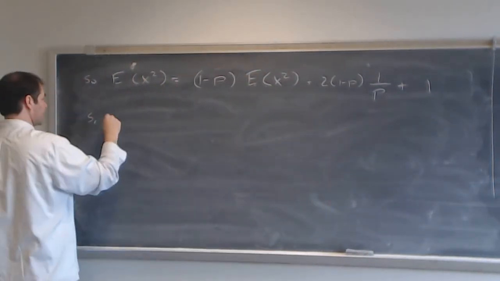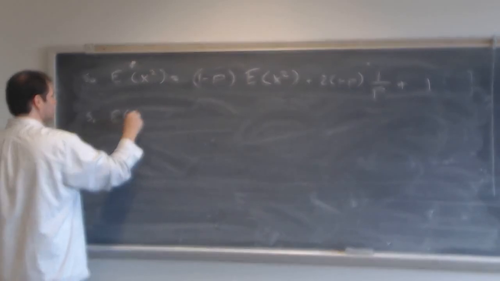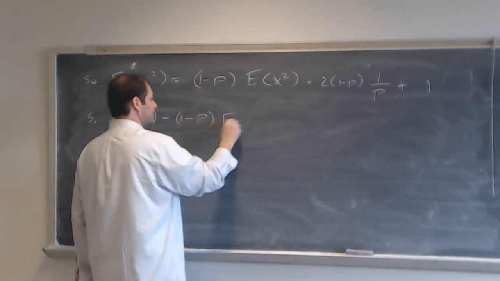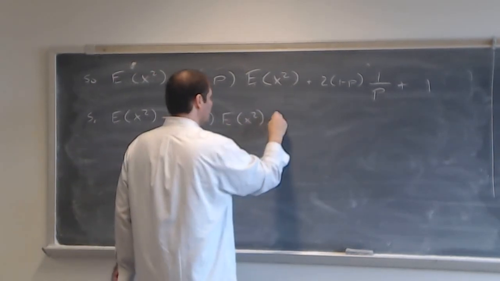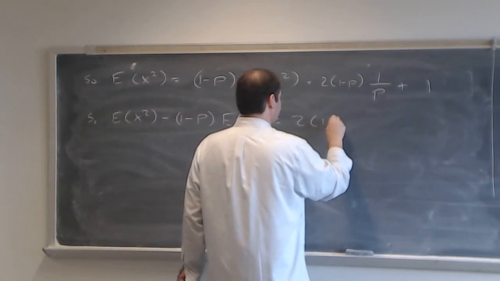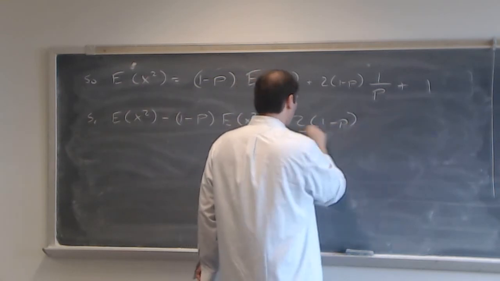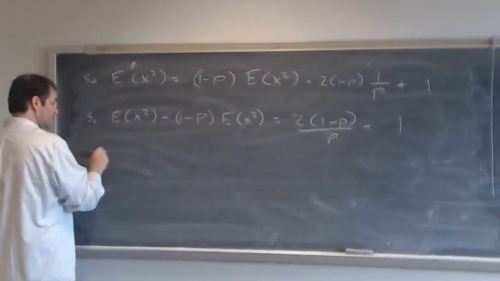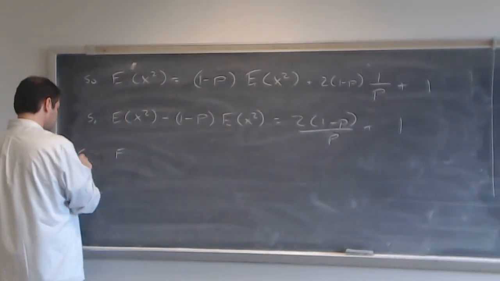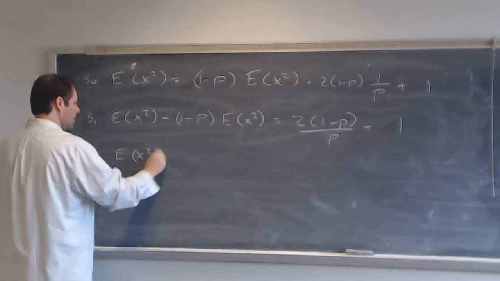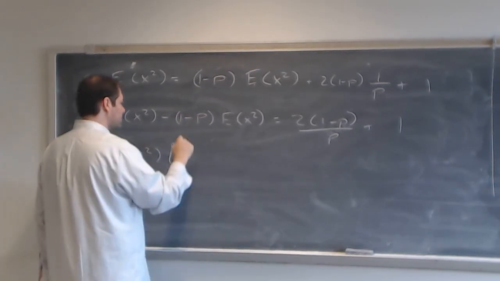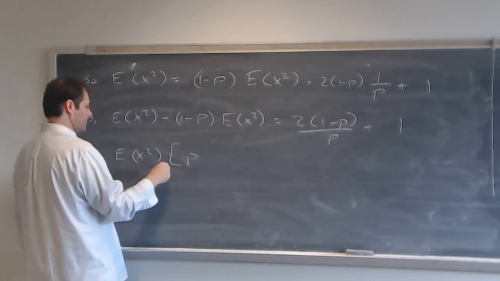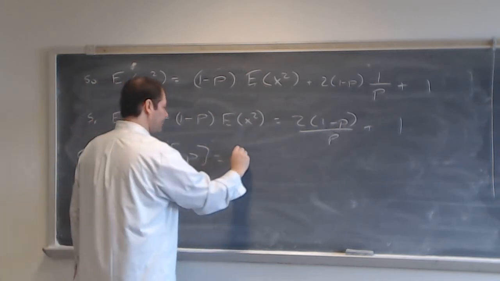So, if I subtract that, I have the expected value of x squared minus 1 minus p times the expected value of x squared equals 2 times 1 minus p over p plus 1. And then here you factor out the expected value, and 1 minus 1 minus p is just p.